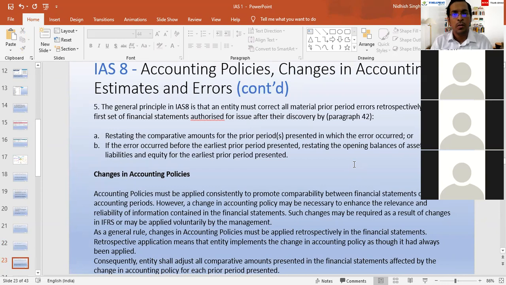To be honest, I'm a bit confused now between change in accounting principle, change in accounting policy, and change in accounting estimate. So we are saying change in accounting estimate should not impact your prior year's statements, right?